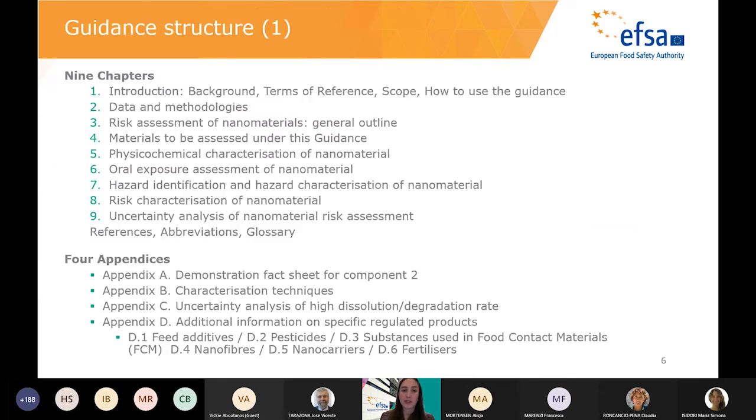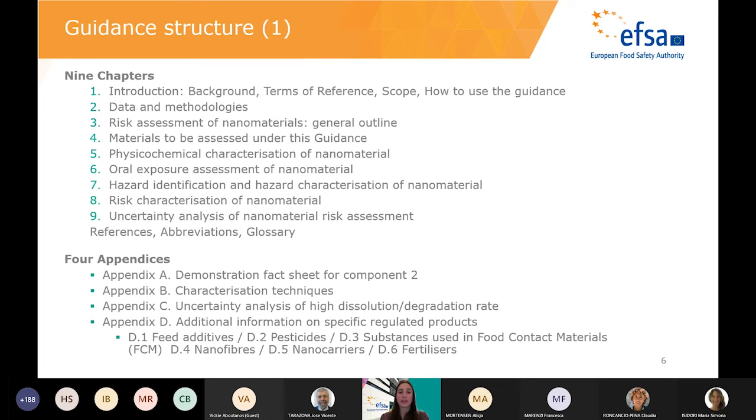This is the general structure of the guidance, which is composed of 9 chapters and 4 appendices. We will see a little bit more in detail the main chapters of the guidance and the appendices. The first one is an introductory chapter with the background, terms of reference, scope, and how to use the guidance. Chapter number 2 provides a description of data and methodology used.